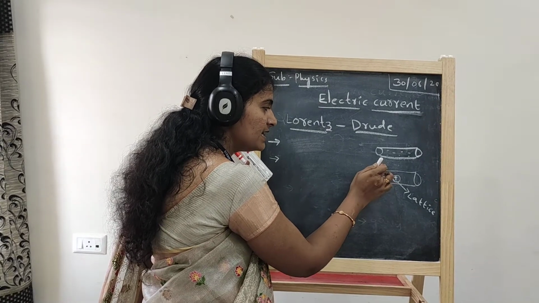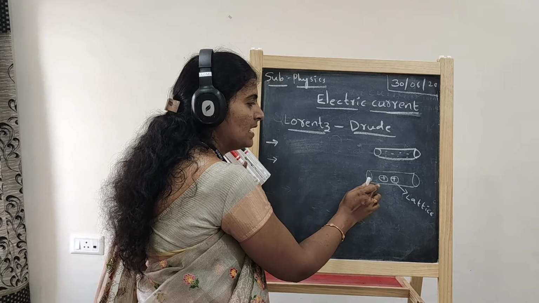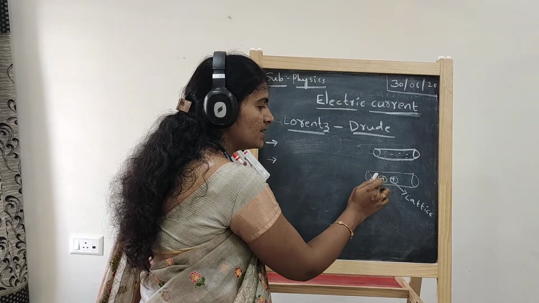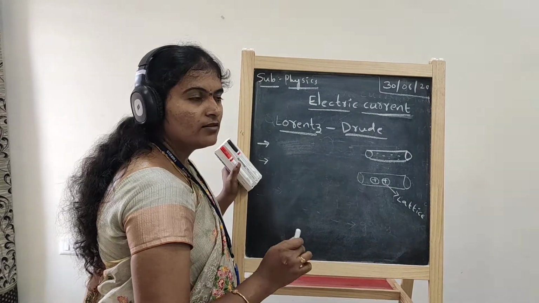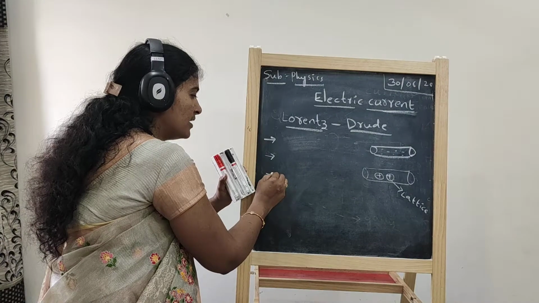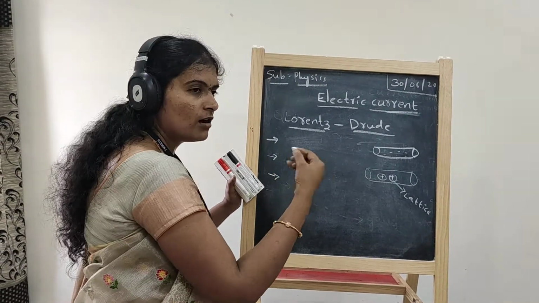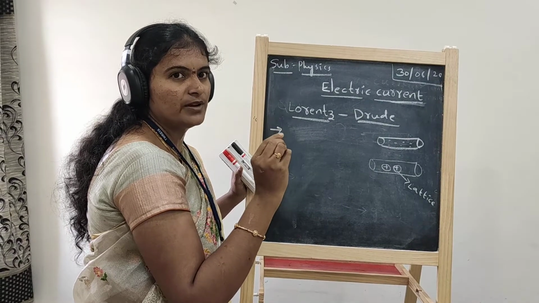That is immobile, meaning immovable. That positive charge located at the center is called the lattice. Around the lattice, electrons will revolve. So that is our third point. Electrons will revolve around the lattice.